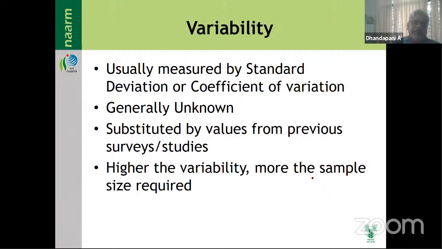The idea of CV is that it is free from unit. That means you can compare it across variables, even though they have different units of measurement. But the biggest challenge in estimating the sample size is that it is unknown.